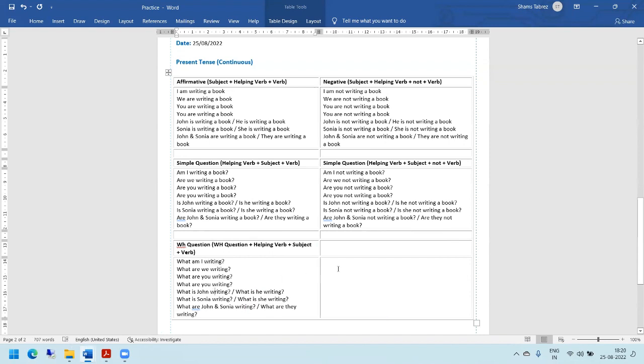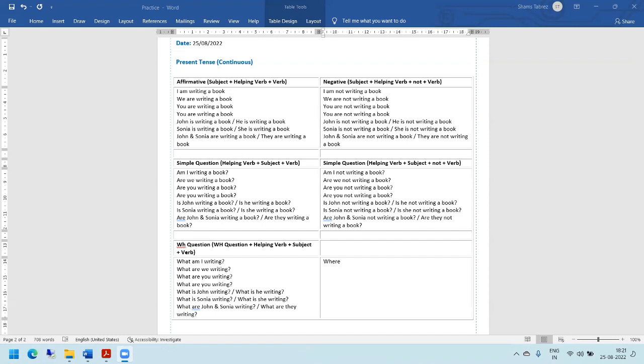By using the WH word "where", let's make the sentences. Yes, any volunteer? Let's make a WH question for present continuous by using the WH word "where".